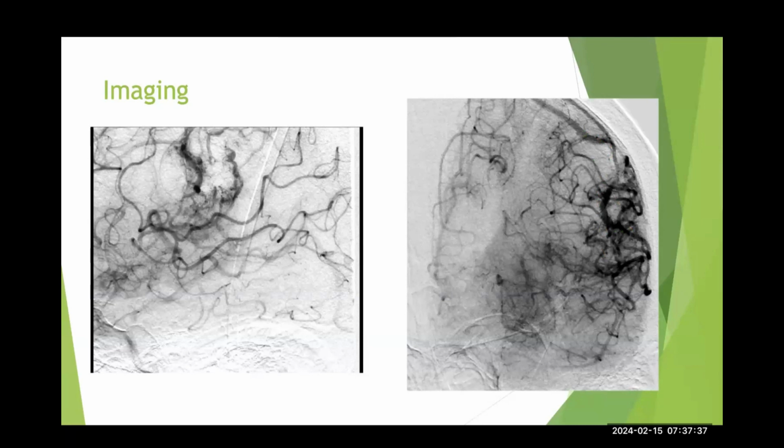So what if you have veins filling in a late arterial phase? What kind of diagnosis would that support? More like a fistula, a really big fistula? Well, it'd be the opposite.